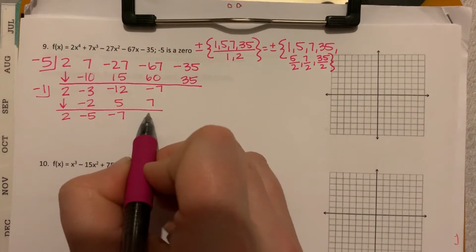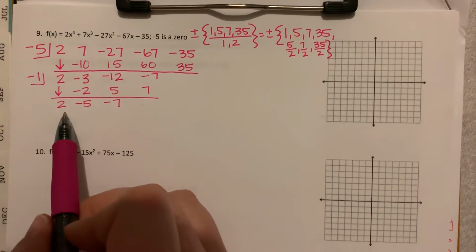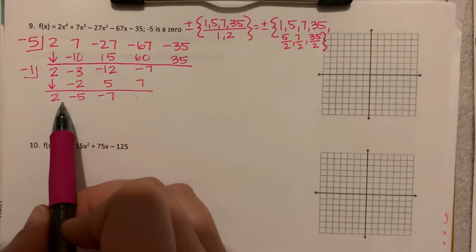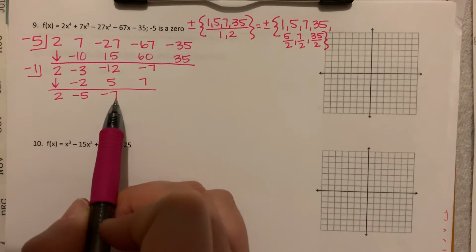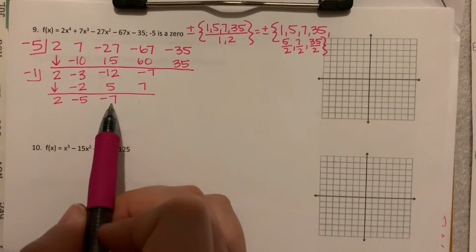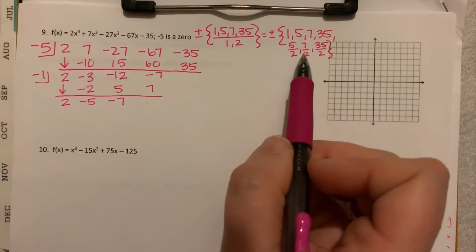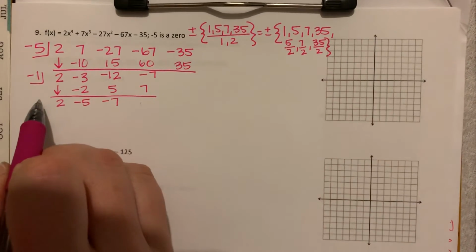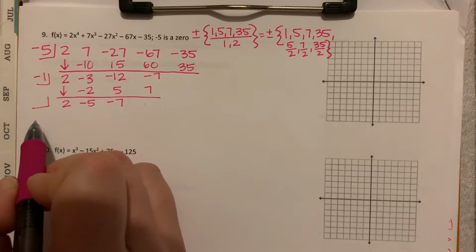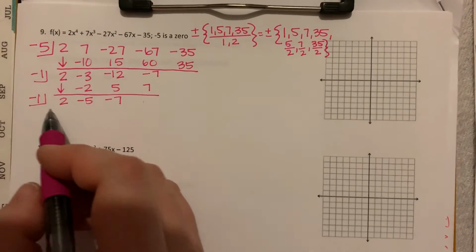Okay, when I add down here again, I get 0. From here, you can change this to a quadratic, meaning this would be 2x squared minus 5x minus 7, and you can factor that using the AC method, or you can continue to pick possible rational roots from here in your box, and just continue to do synthetic division, which is what I'm going to do.